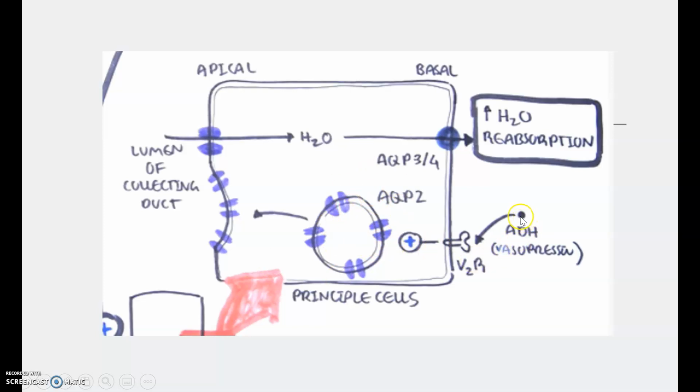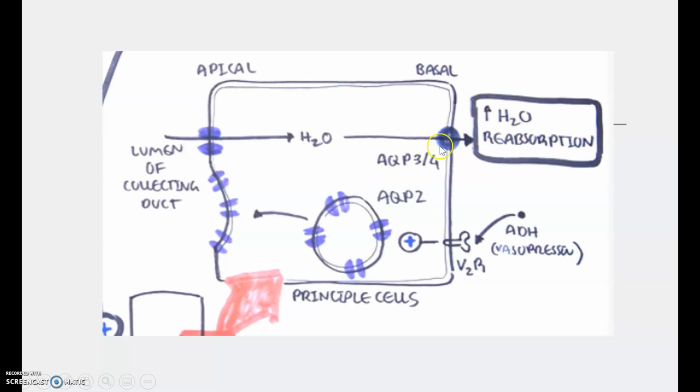And these secondary messengers, after the ADH bonds with these receptors inside of the nephrons, in what are called principal cells, will increase these aquaporins that will go to the apical side where water is collected and then reabsorbed into the bloodstream.